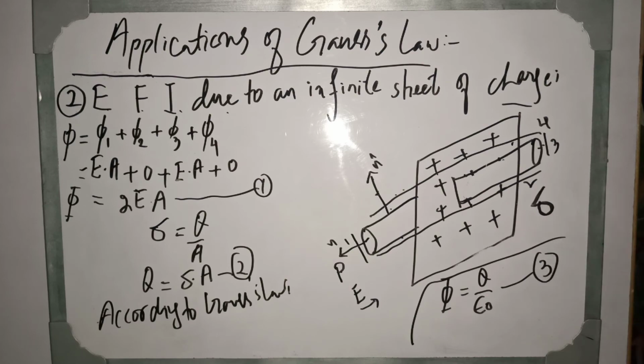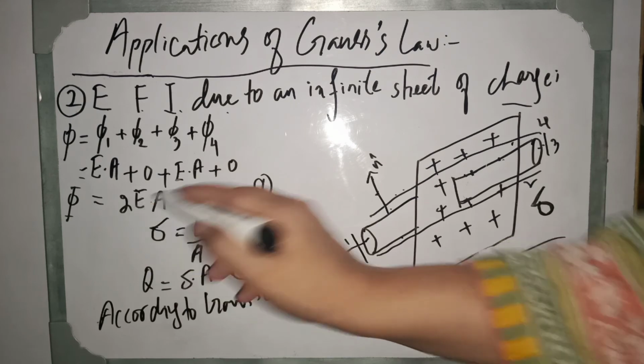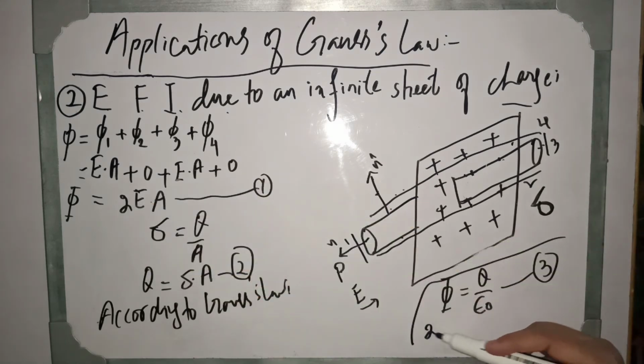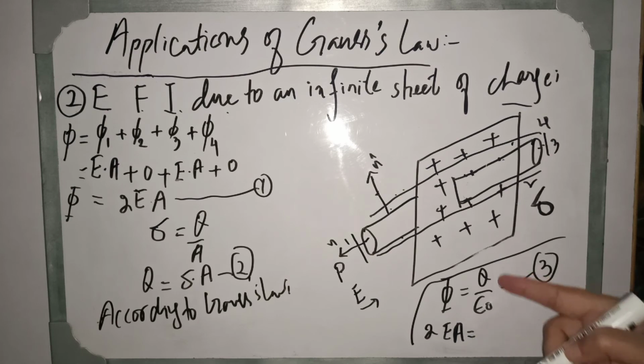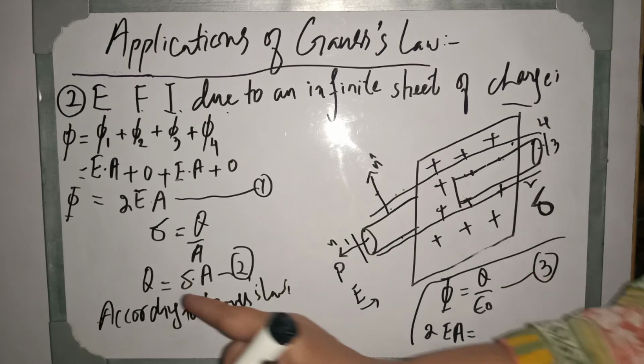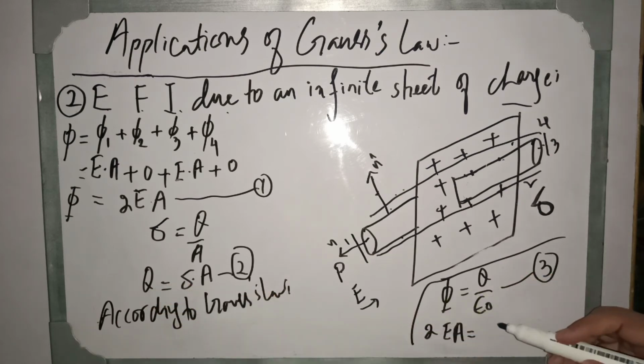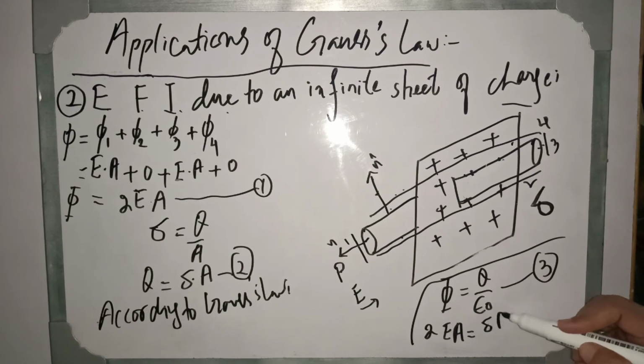By putting these two values, as phi is equal to 2EA, I will write down 2EA is equal to Q over epsilon naught, and for Q I will write sigma A. So it is sigma A divided by epsilon naught.